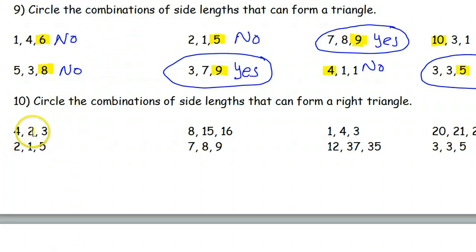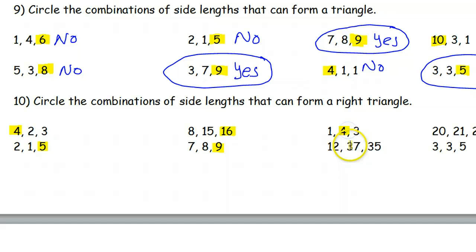Now, once again, let's focus on the largest side. So in this case, 4, 5, and 16. The reason I'm highlighting these is that they will be the possible hypotenuse. This will be the c in a squared plus b squared equals c squared.